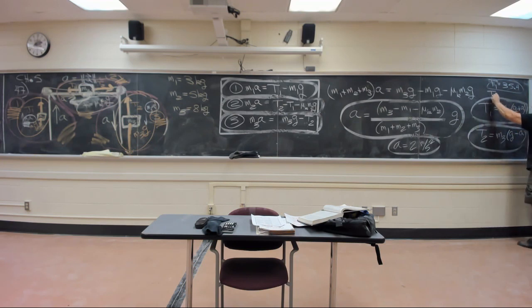T2. So the other one's going to be bigger. This is going to be smaller. The other one's going to be bigger. Let's compare. What's 9.8 minus 2?